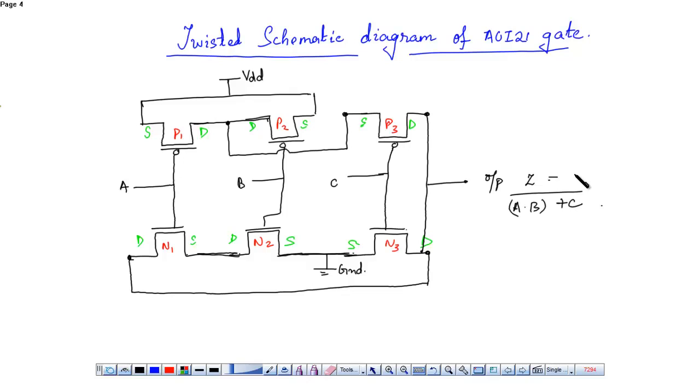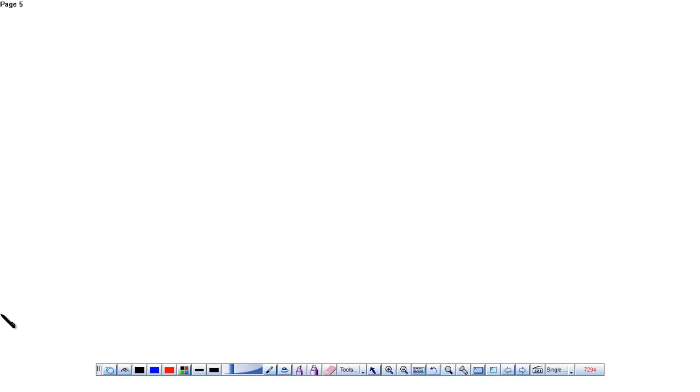Now let's see how to draw the layout from the twisted schematic diagram. Go to the next page. So we have seen the earlier layouts also.